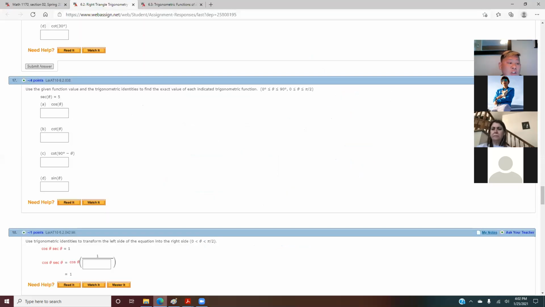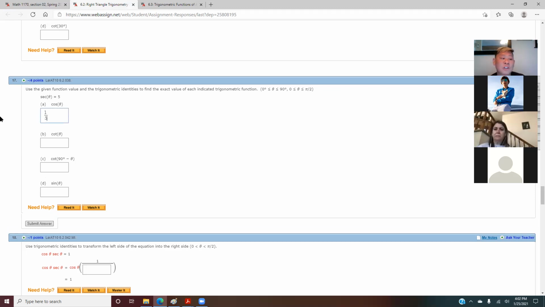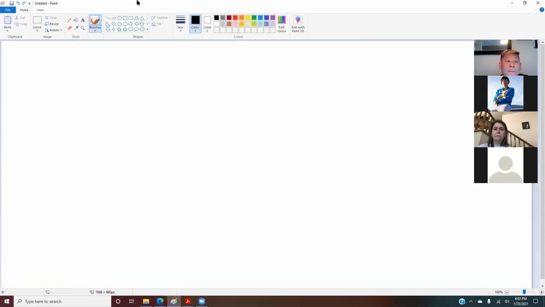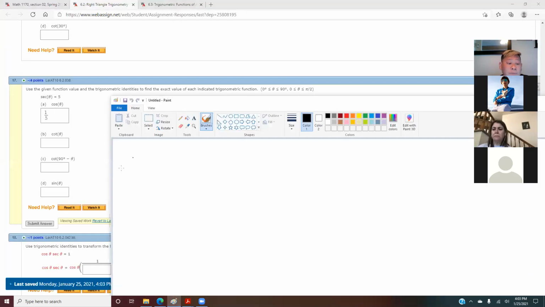So how do we do question 17 here? You will use SOHCAHTOA in this case, the easiest way. Secant theta is 5, so we can find cosecant theta easily because secant and cosine are reciprocals of each other. So you just take the reciprocal of 5, which is 1/5. For the rest, I suggest you use the right triangle.